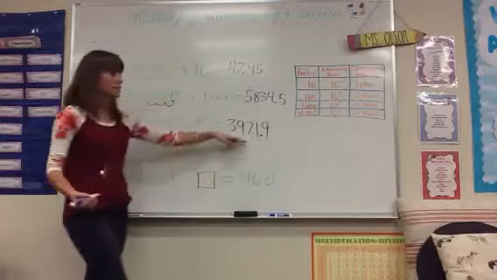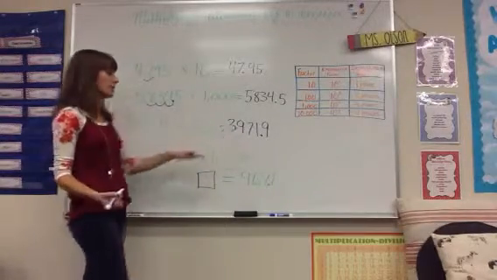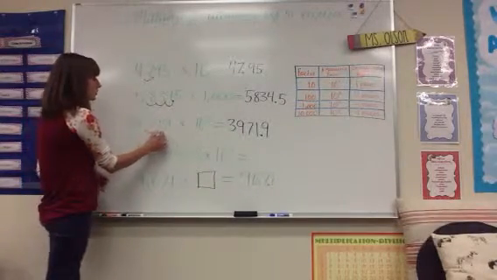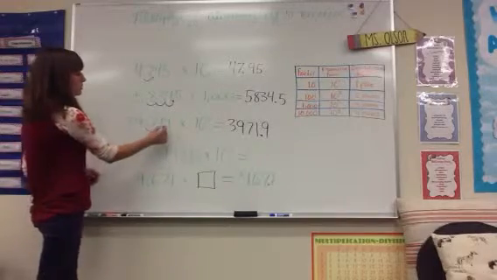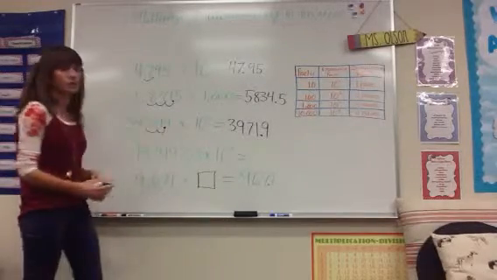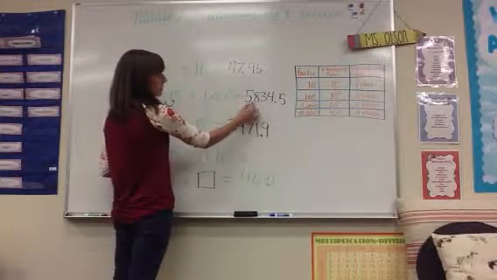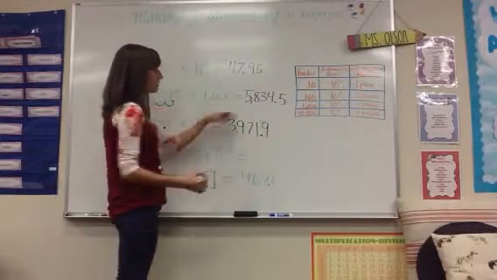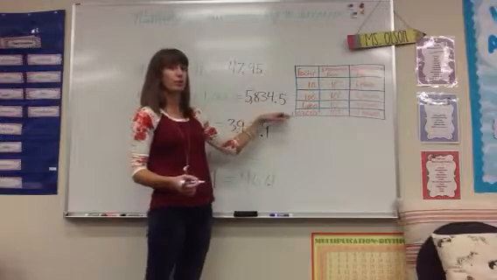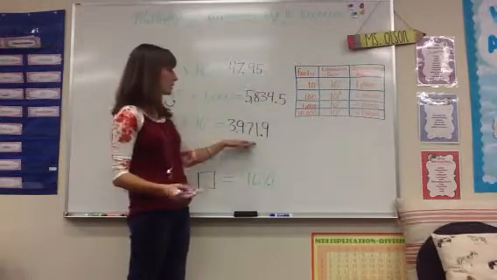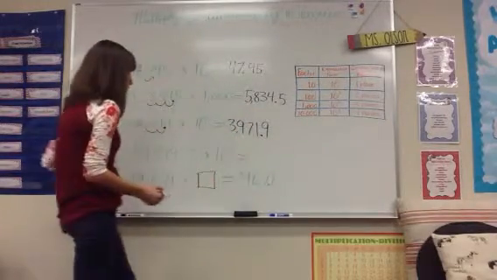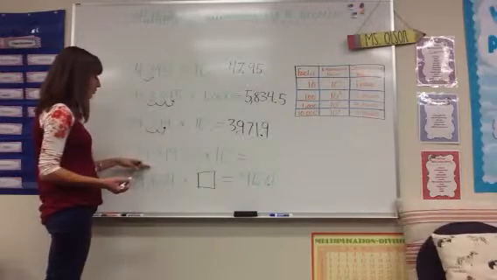Alright, did you get the same thing as me? Hopefully, I think that's right. 1, 2. So your new decimal home is right here between the 1 and the 9. We can actually add commas here because these are thousands. 5,834.5 and 3,971.9.